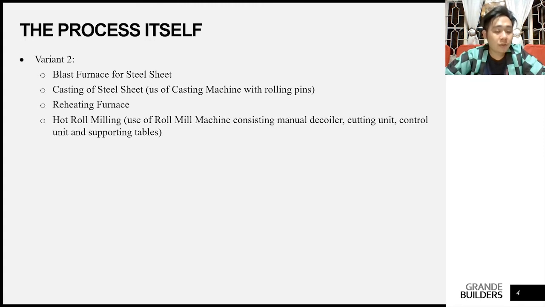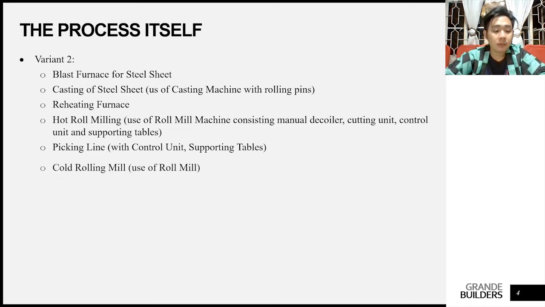Then after that, using the hot roll milling, it is one used in the roll milling machine, consisting of manual decoiler, cutting unit, control unit, and supporting tables. Another is the picking line with the control unit and supporting tables.